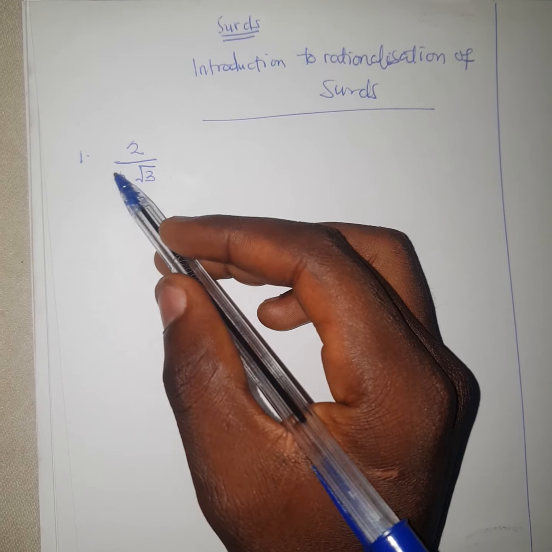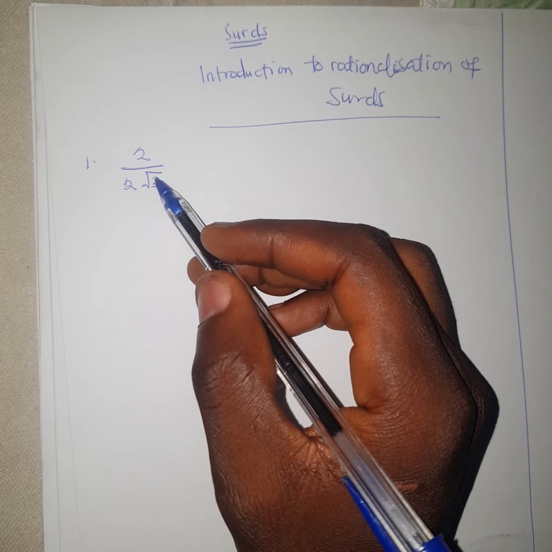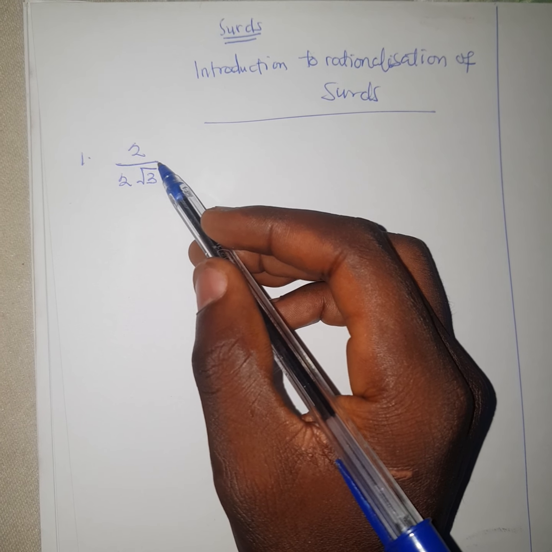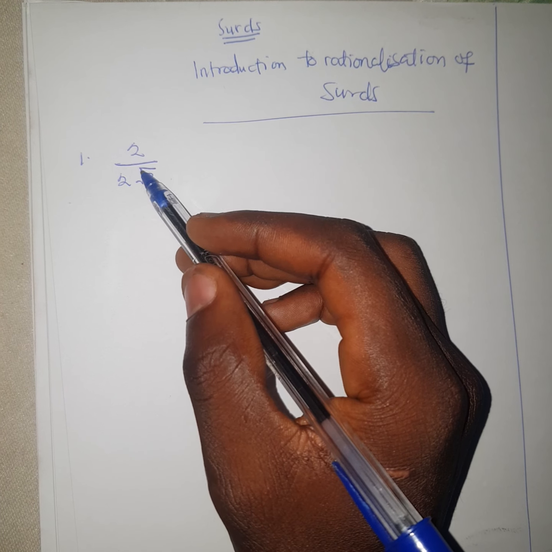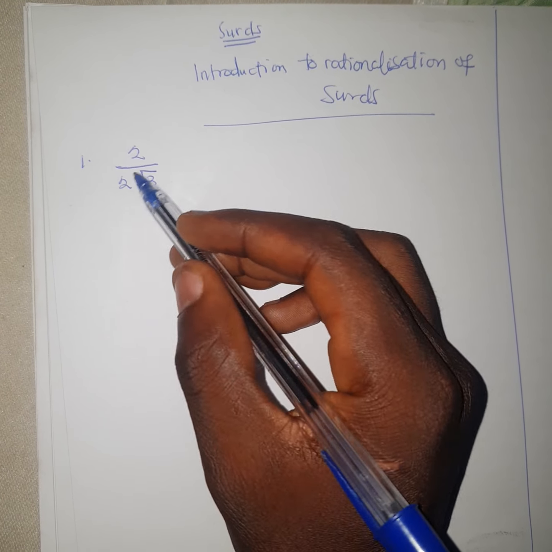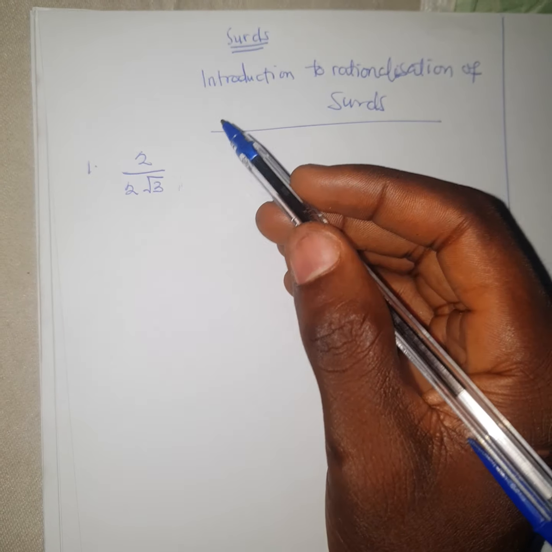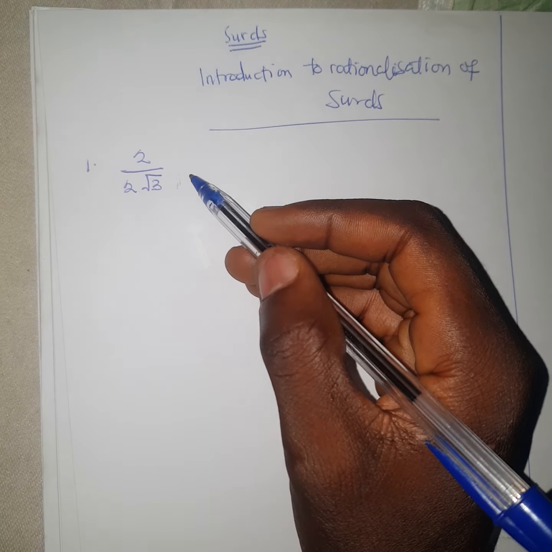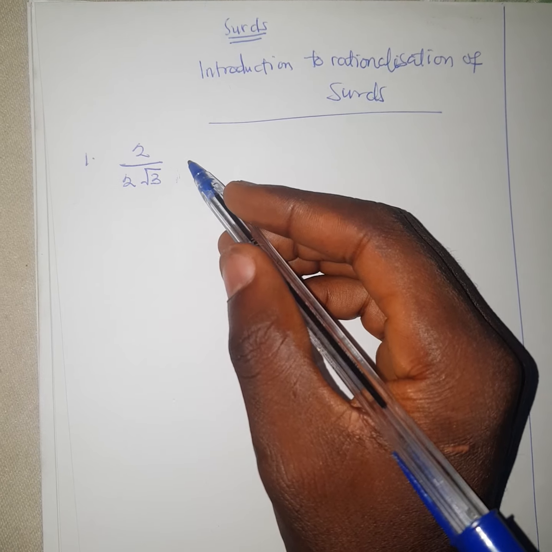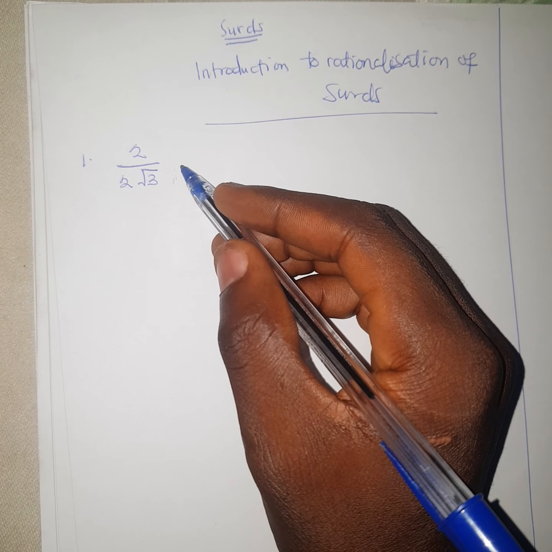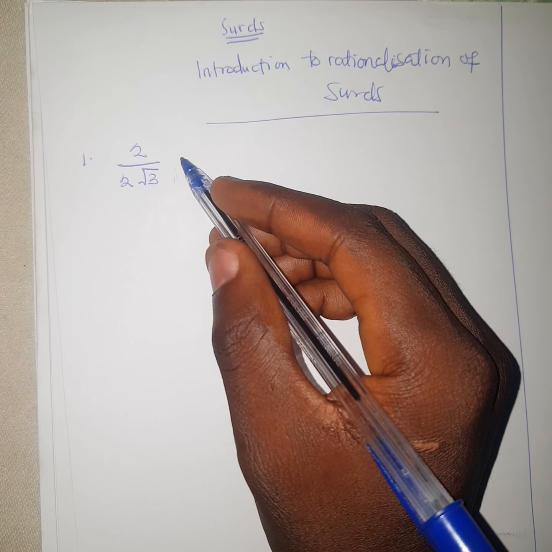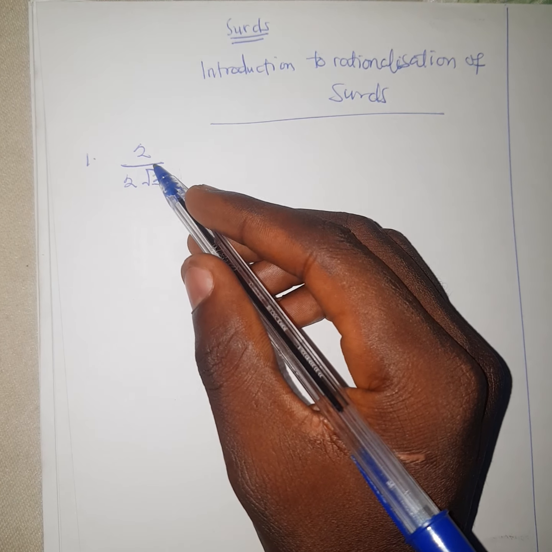So this is a surd given in a fraction form, and you want to take the surd away from the denominator and make it come to the numerator. By so doing, we call that rationalization. And so we want to rationalize this surd.